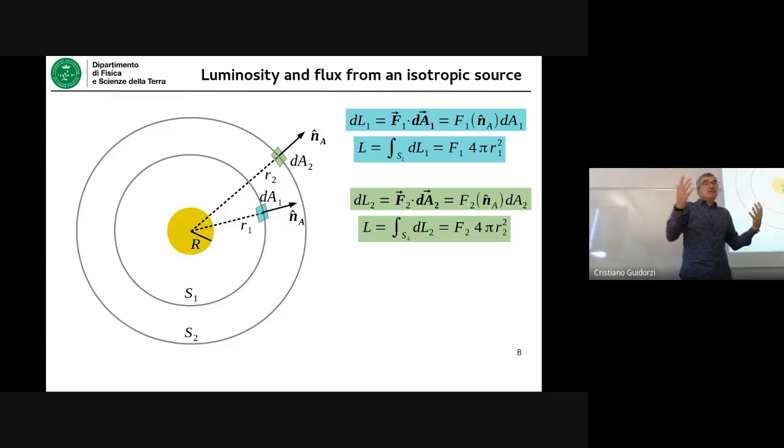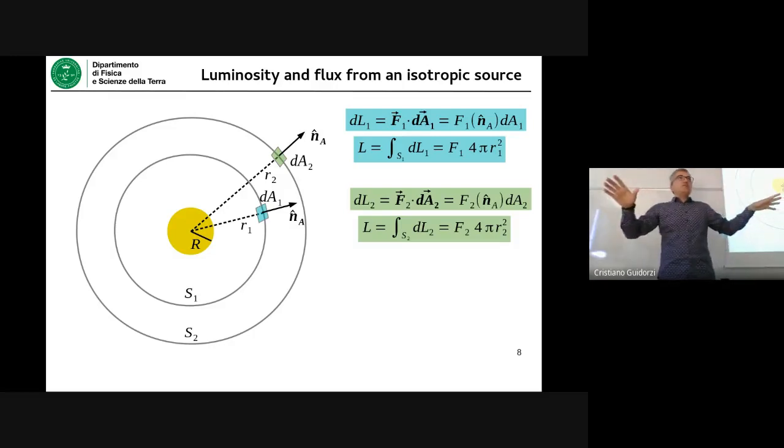Otherwise, if this wasn't the case, you would have that in the space volume between the two spherical surfaces, energy is either increasing or decreasing. We are in a stationary assumption, so the source is just emitting the same amount of energy per unit time.